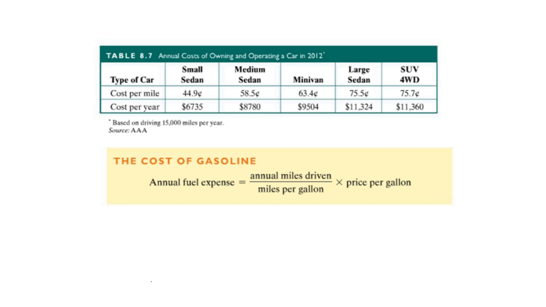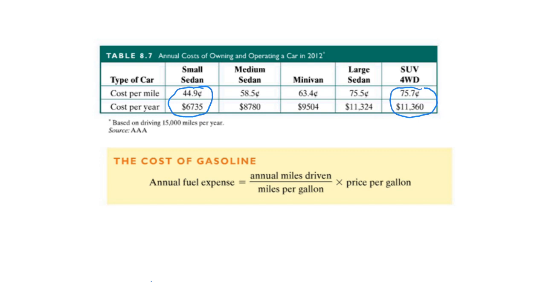The small sedan costs 44.9 cents per mile, and the cost per year for operating it is $6,735. Whereas an SUV, a four-wheel drive one, costs 75.7 cents per mile, approximately $11,360. And that was in 2012.